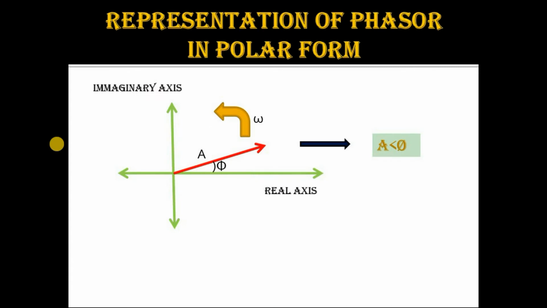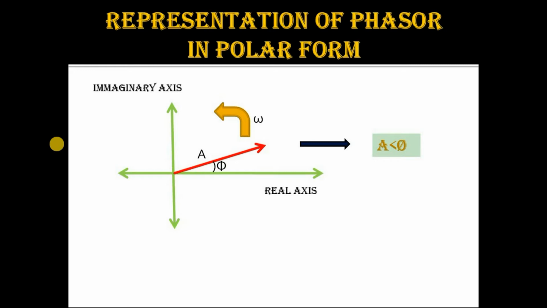Now, representation of a phasor in polar form. In the diagram I have shown a phasor. The phasor is making an angle phi with the positive real axis. Its magnitude is A, rotating in the anti-clockwise direction with a speed of omega.